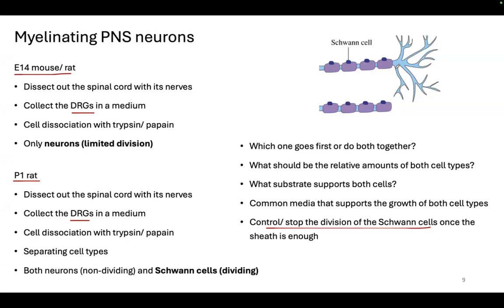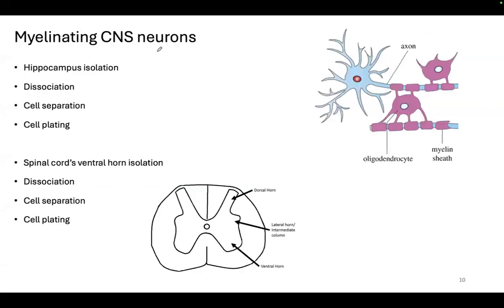You can add drugs and see if the myelination is better, if the myelination is poorer, how it is working. Are you able to stop the degradation? Are you able to ensure there's more division? Are you able to ensure there's more secretion? All of that. And then we move on to the central nervous system neurons.